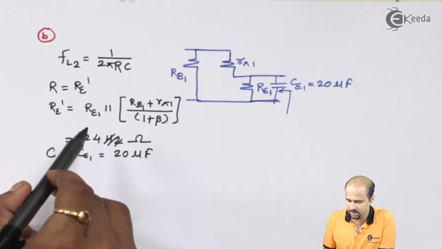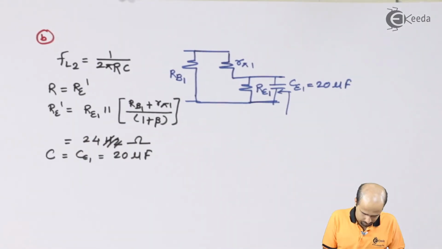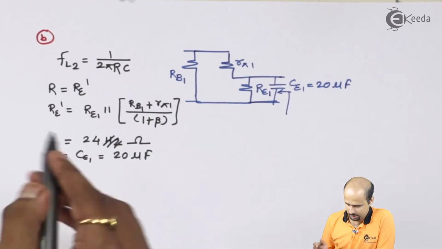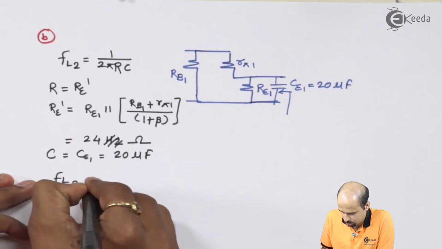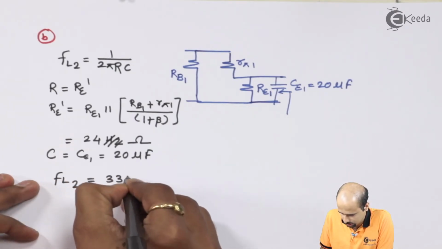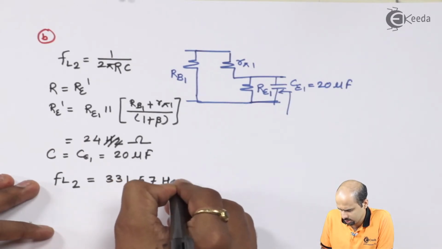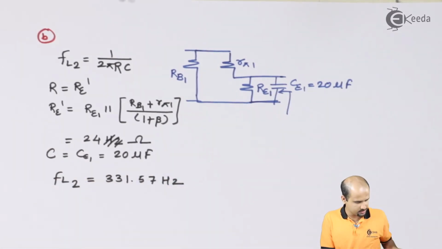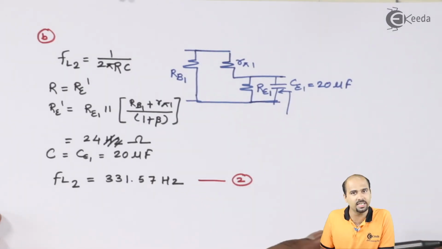Just multiply these values with 2 pi and take the inverse, and you will get the value of FL2. You'll be getting 331 hertz. That's the value of FL2, 331.57 hertz. So this is the second finding we have got for the low cutoff frequency, for the second RC network.